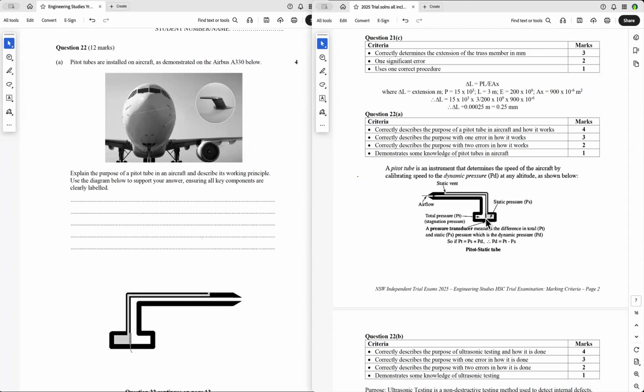It moves. And so the total pressure is equal to the static pressure plus the dynamic pressure. But we want the dynamic pressure because we want to see what the airspeed is going through there. So the dynamic pressure is the total pressure minus the static pressure. And that's what this pressure transducer shows down here. And that's how a pitot tube works.